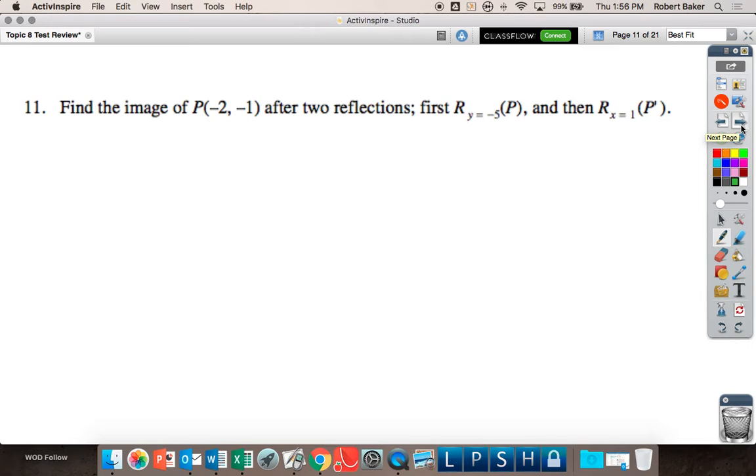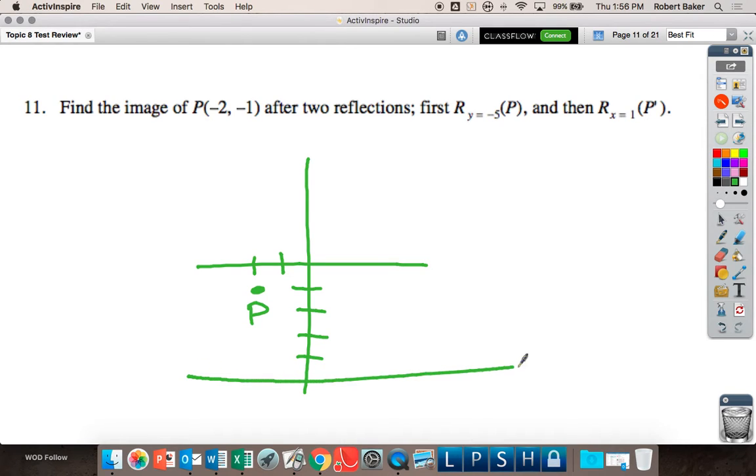Again, it would be so nice to have graph paper here. We're taking the point -2, -1. There's P. It says after 2 reflections, reflect that over y equals -5. So -1, -2, -3, -4. Y equals -5 is right there.